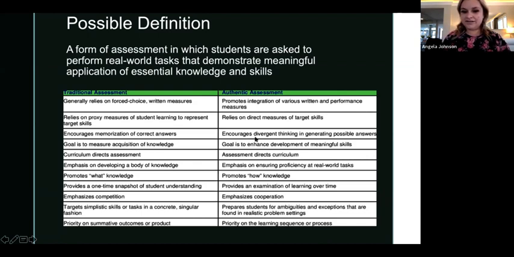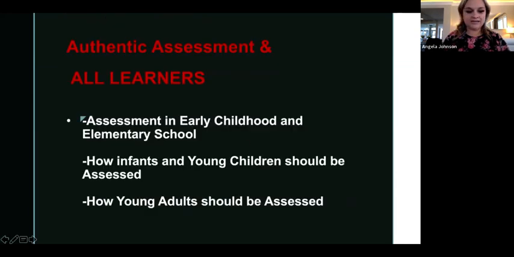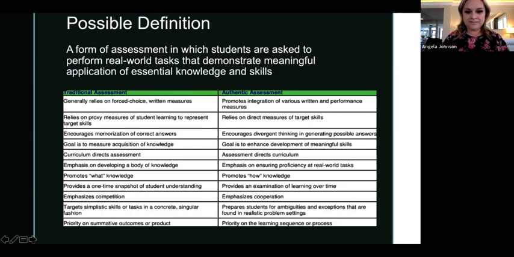Encourages divergent thinking in generating possible answers. It says, goal is to enhance development of meaningful skills. Assessment directs curriculum. Emphasis on ensuring proficiency at real-world tasks, promotes knowledge, provides an examination of learning over time, emphasizes cooperation, really good one, prepares students for ambiguities and exceptions that are found in realistic problem settings, and priority on the learning sequence or process.